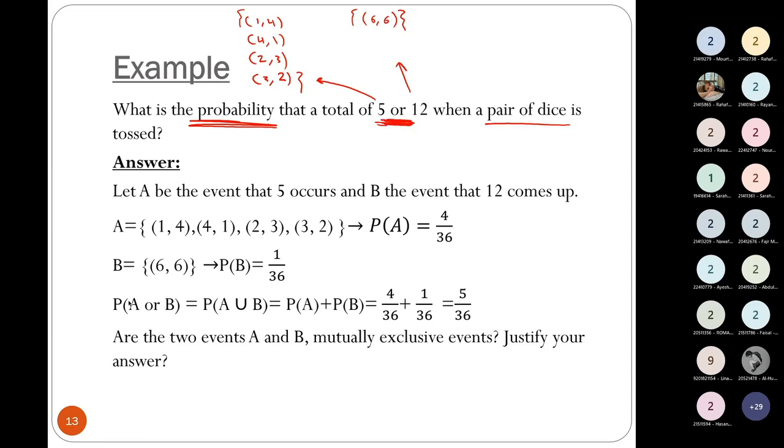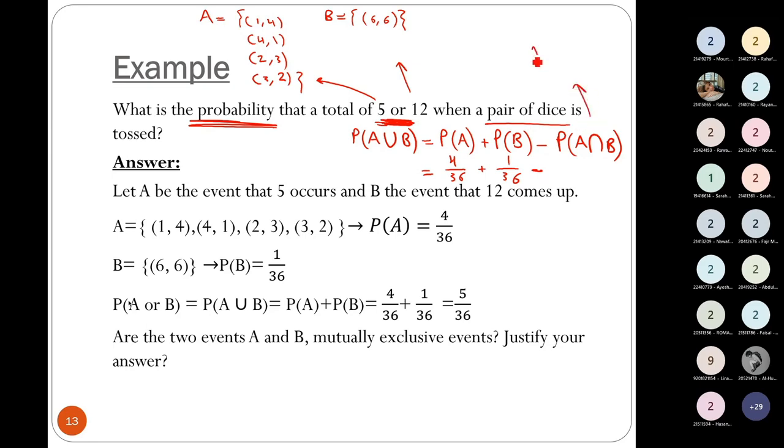Or means, if we have, for example, event A and this is the event B, this equals A or B, the union. This equals the probability of A plus the probability of B minus the probability of A intersection B. The probability of A equals 4 over 36, plus B, 1 over 36, minus the intersection between A and B. We don't have A intersection B. There is no element between A and B, so the probability of phi equals 0.